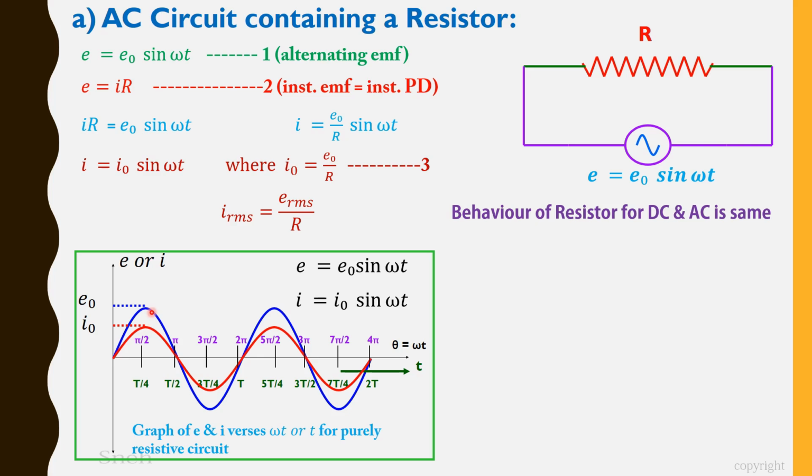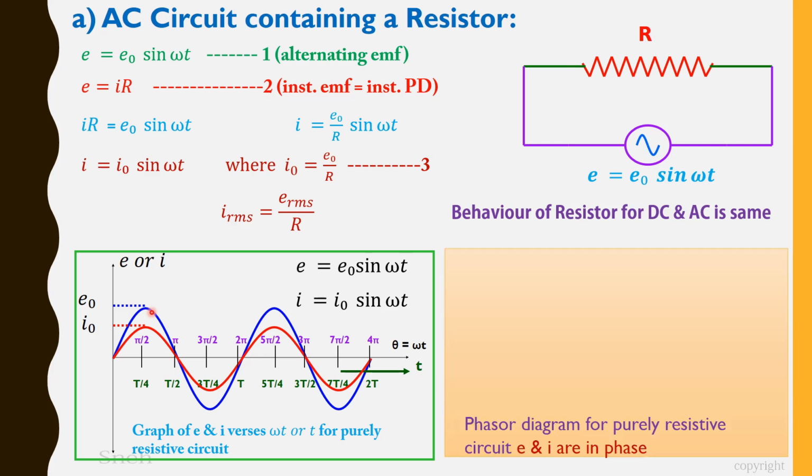Now here I am representing their waves, but it is always difficult to represent it in this form. So generally we use a simpler form, the phasor diagram, which we studied in our last lecture. So here also I'll draw the phasor diagram for purely resistive circuit.